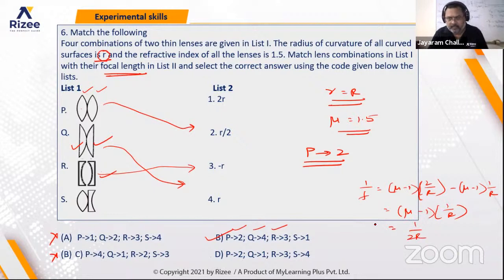This will be 1/(2r) for 1/f, so f = 2r. That means S value should be 2r, so S should be indicated to the first one, sorry. So this is our answer, as we have done this one.